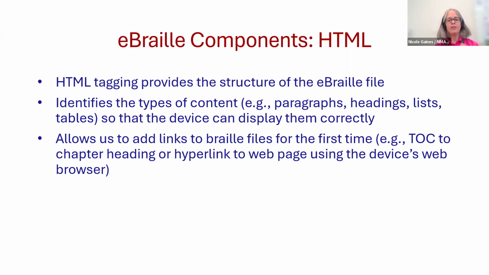When we're talking about this is a paragraph, this is a heading, this is a list, it's the tagging in that HTML that identifies what those different structures are. That in turn enables the device to display those in the correct way. And as I already mentioned, by using that HTML, we have that built-in capacity to use links in the content.